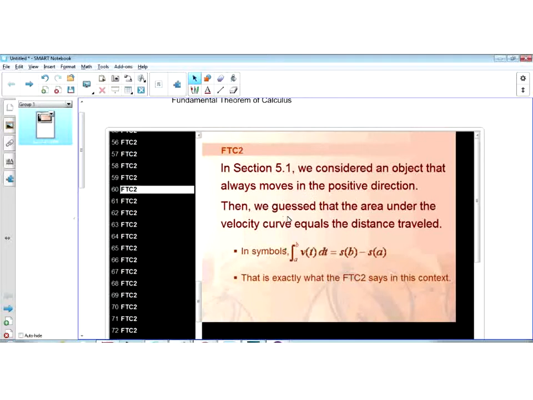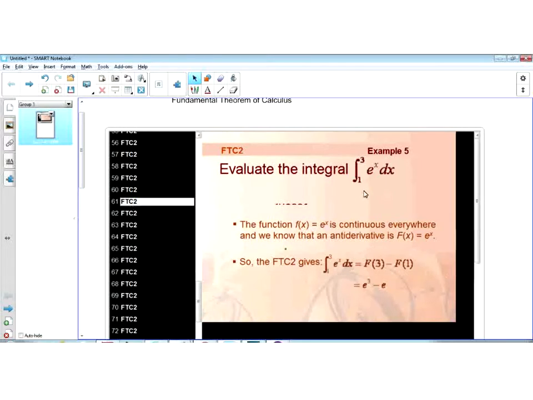In symbols, the integral of the velocity function from time equals a to time equals b is equal to the position at b minus the position at a. And that's the fundamental theorem of calculus part 2.